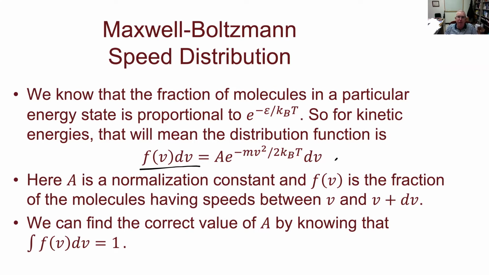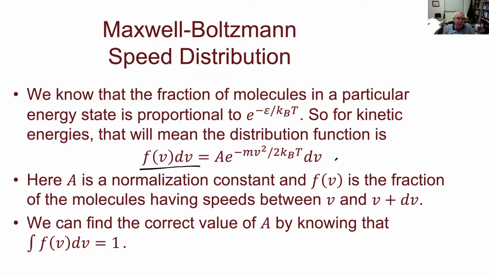A is a normalization constant. This thing is a distribution function. All of my molecules have to have some speed or another. So if I integrate my distribution function over all the speeds, I'll be able to figure out what A is, because they have to sum to 1, just like when we normalized wave functions earlier in the semester. f of v is the fraction of the molecules that have speeds between some v and v plus dv, where dv is just my infinitesimal increment, right?